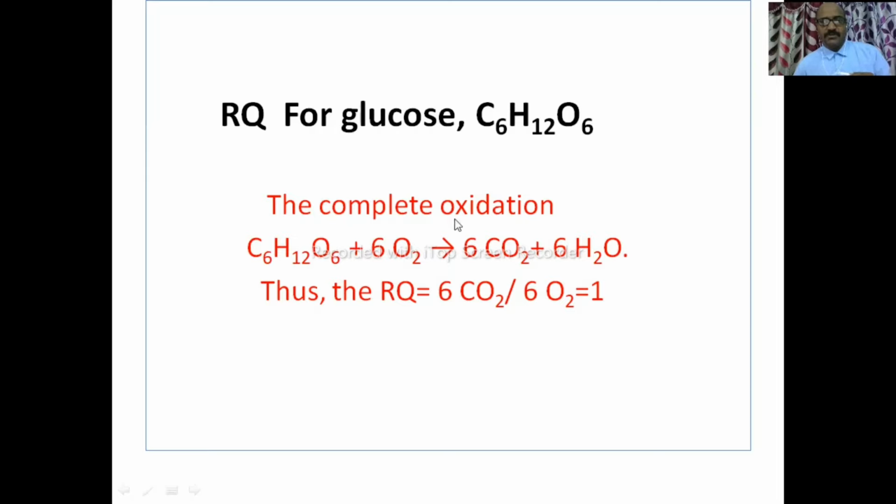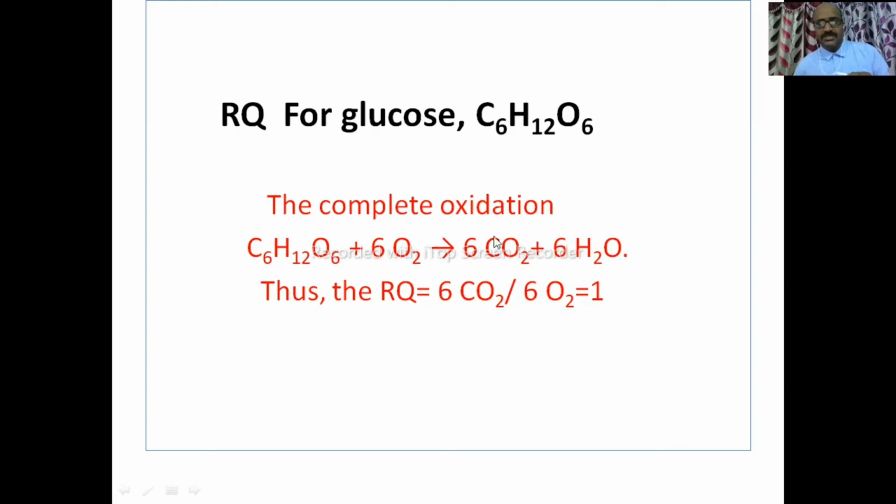In aerobic oxidation, 6 O2 reacts with C6H12O6, and glucose breaks down into 6 molecules of carbon dioxide and 6 molecules of water, releasing energy.